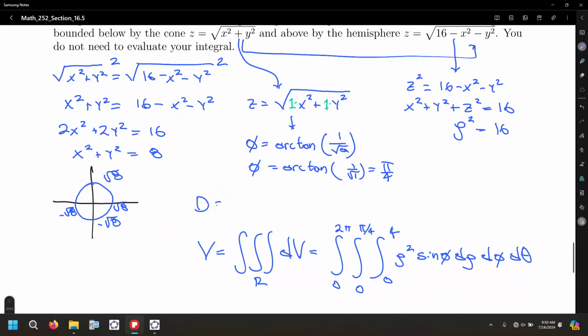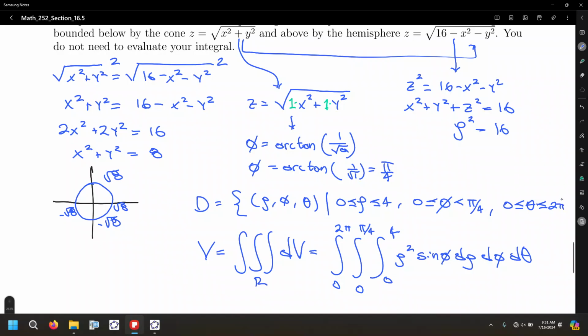The domain D is the set of rho, phi, theta such that rho varies between 0 and 4, phi varies between 0 and pi over 4, or 45 degrees, and lastly, theta varies between 0 and 2 pi.